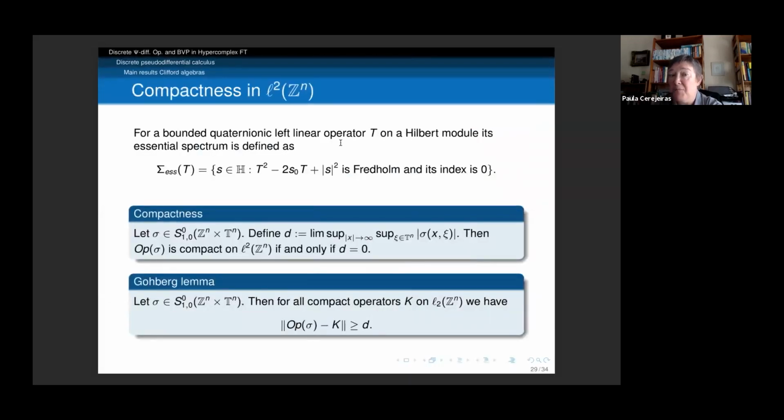The only problem is that when you go for an operator taking values in quaternions, then the essential spectrum has to be replaced by the notion that the inverse of the Poisson kernel has to be a Fredholm operator and have index 0. If this is so, then you can have compactness if and only if the limit of the supremum is 0. So now I have a problem.